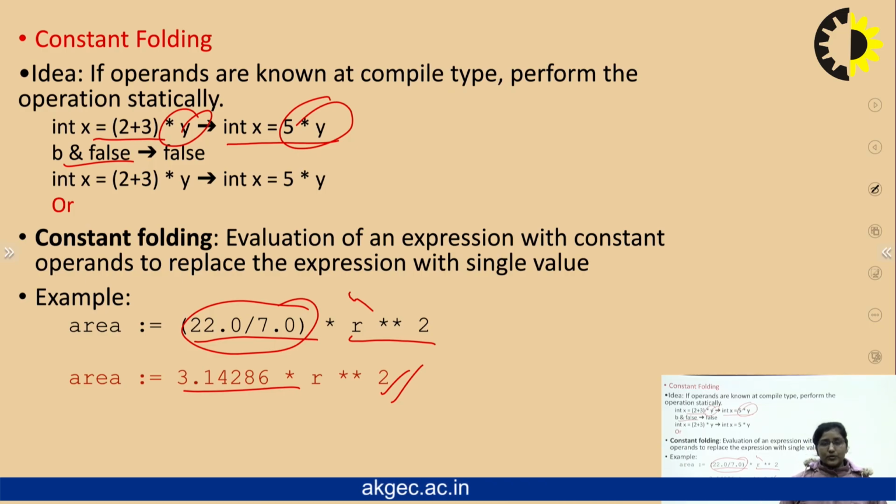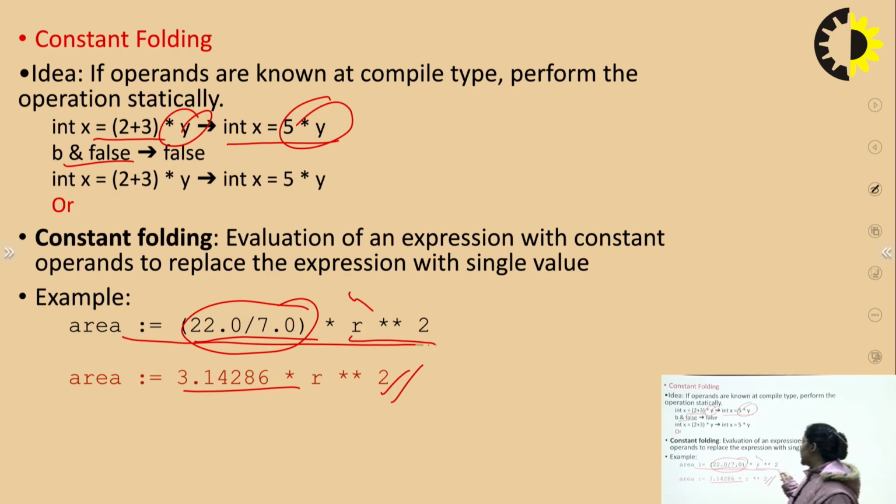We have also seen where we can use these code optimization techniques. We can do it at the source code. While writing the source code, like area = 22/7 * r squared, I know that 22/7 is 3.14286, so I can simply reduce it to 3.14286.